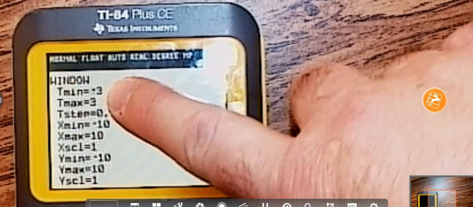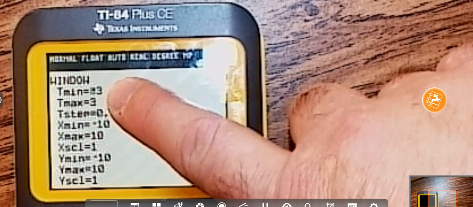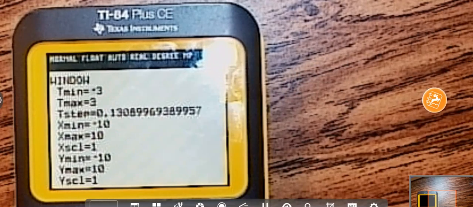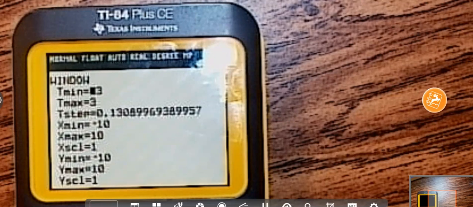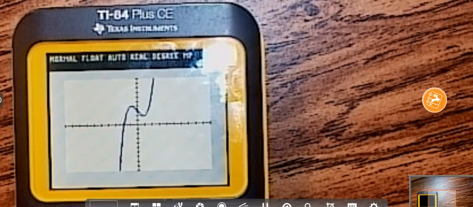T min and max, I got them -3 to 3. If you don't like that, if you want to change it to like -10 to 10, be my guest. Because they didn't specify. So I just need enough t values to get a good looking picture on my graph. I was kind of just fortunate that -3 to 3 worked.